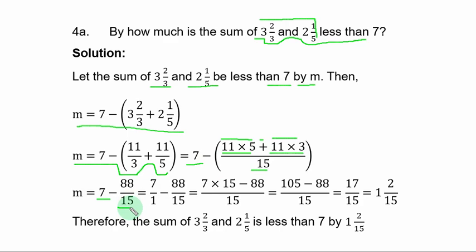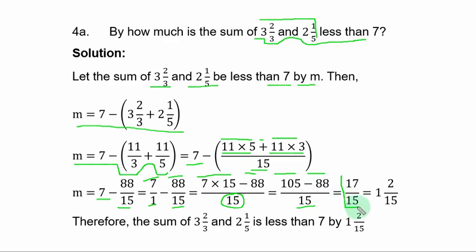Now we have fraction subtraction. So let's write 7 as 7 over 1, then minus 88 over 15, where the LCM is 15. Divide 15 by 1, you have 15, times 7, minus, divide 15 by 15 is 1, that is by this you have 1 times 88, it remains the same. 7 times 15 is 105 minus 88 all over 15, and when you subtract, you have 17 over 15.